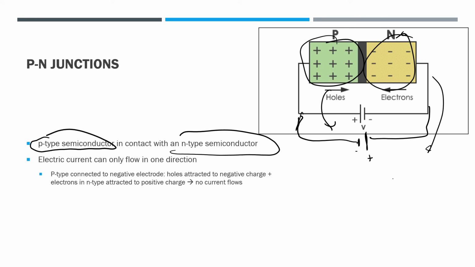So instead of the electrodes repelling the electrons and holes so that they move around the circuit, we have no current, because the electrons are attracted to the positive side and the holes to the negative side, and nothing wants to move around the entire circuit. If I hooked up the battery the other way, no current flows. That's the important thing about PN junctions: they only allow current to flow in one direction.